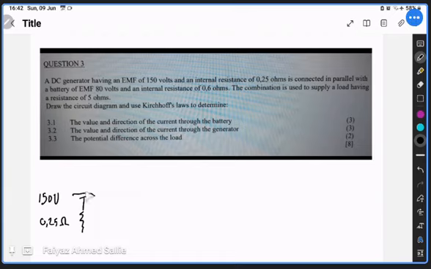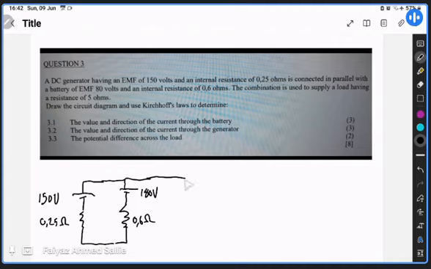It says it's connected in parallel with a battery of 80 volts and an internal resistance of 0.6 ohms. The combination is used to supply, so also in parallel, because they're both supplying a load having a resistance of 5 ohms.